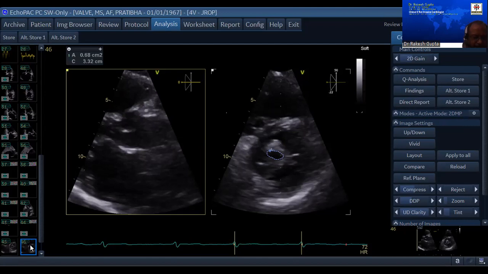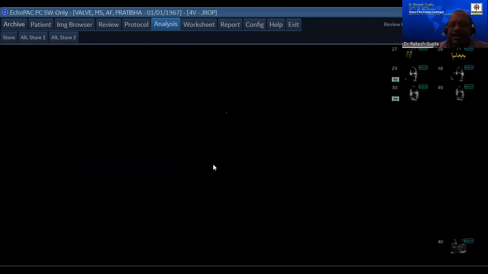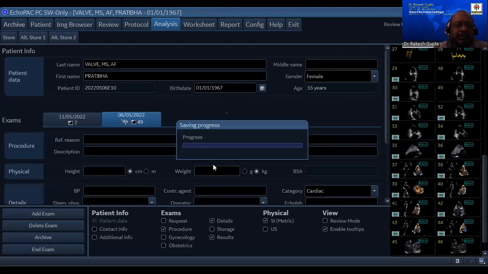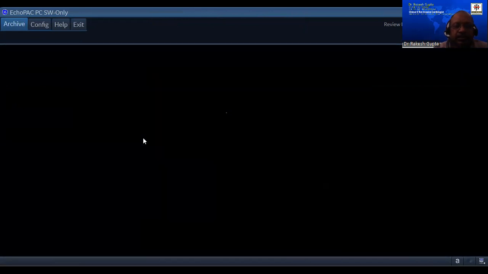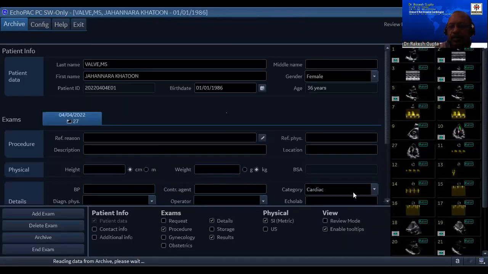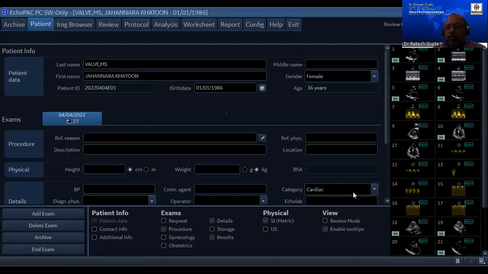Sir, if the patient is in sinus rhythm, then how will we get the CW trace signal? Mitral signal, sir. His question is, the patient is in mitral stenosis with NSR. Is that your question, dear? My question is, sir, if the patient is in sinus rhythm, then how will we get the CW mitral signals? All right, I'm going to show you that.